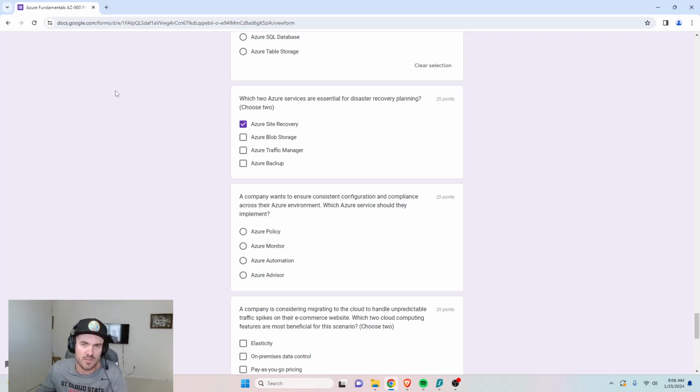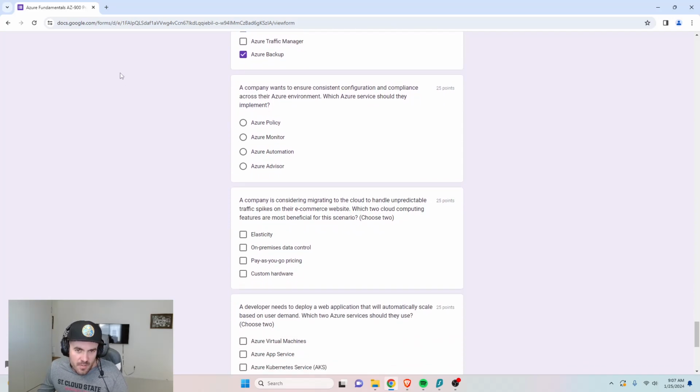Then your Blob Storage isn't going to help you there. So again, that could be the answer, but I don't think it's one of the best answers. Traffic Manager is definitely not something that's going to be used for disaster recovery. That's more for routing your application and your traffic. Backup, though, will definitely help you because it'll back up your data. It'll back up the state of things and allow you to restore if something does happen. Okay, so I'm going to go with those two, A and D.